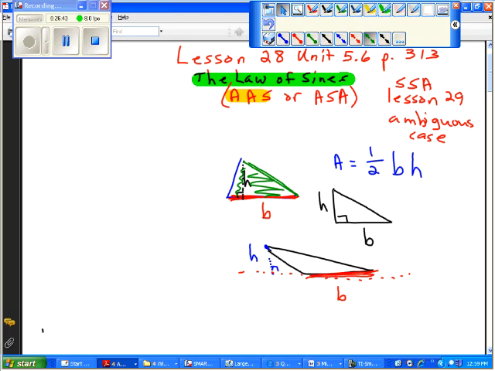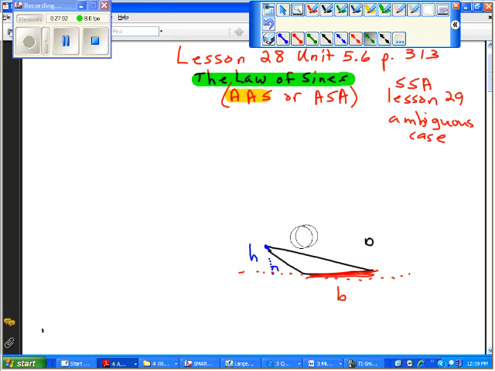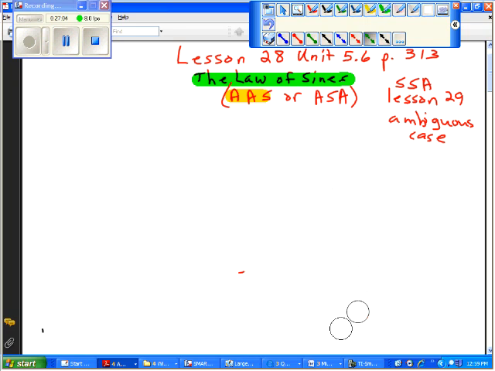But we're going to find out how in non-right triangles to find the area if we don't know the base and height. What if we just know some sides and some angles, but we don't know base and height? Well, we couldn't find it, but with a lot of trig and stuff, we can. Okay, so what we're going to be dealing with today, non-right triangles, and so we're going to find the area.